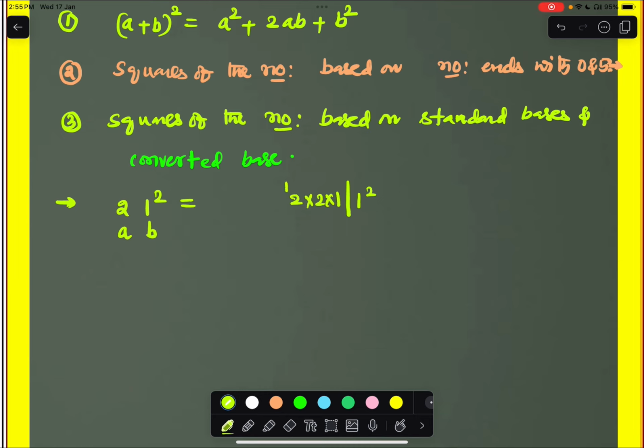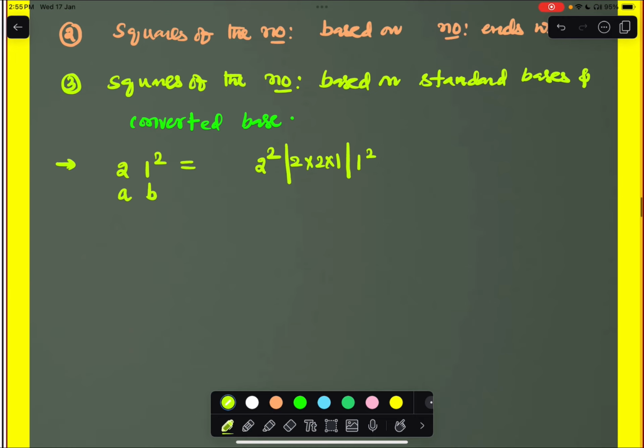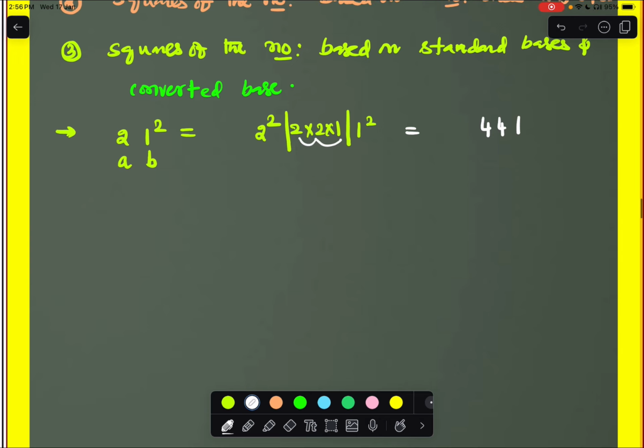Next the a square value, 2 square. If b is a single-digit number, write single digits in all places except the last place. So 1 square is 1, 2 into 2 into 1 is 4, and 2 square is 4. We get 441 as the result.